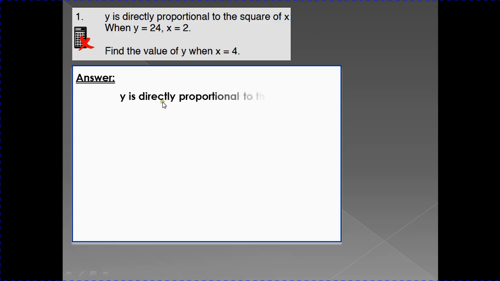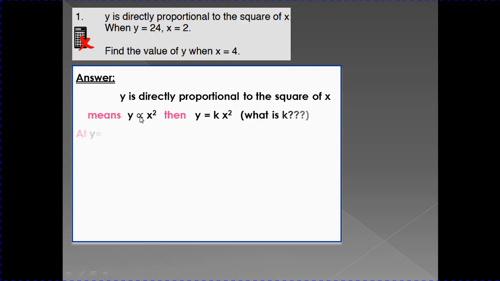Yes, it means y varies as x square. Or you can write it, y is proportional to the square of x, in this form, then y equals k x square. When we cancel this symbol, varies as, we will put equal and put the k.